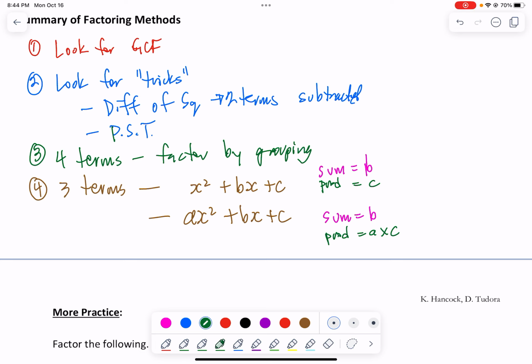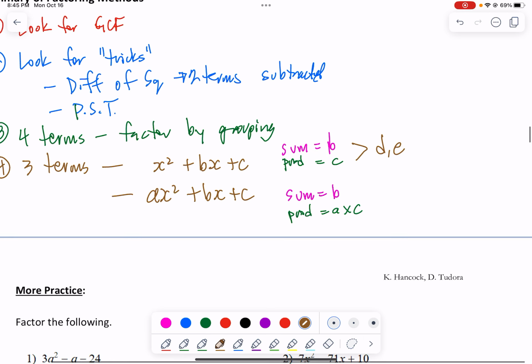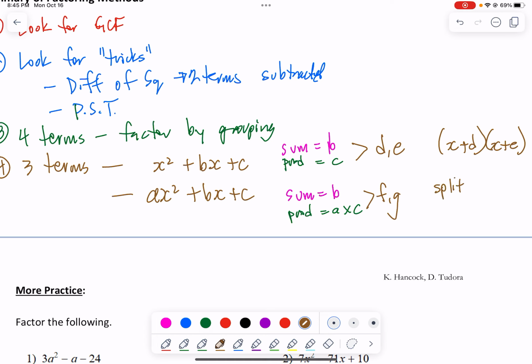And then we would do the whole thing where when you have your two numbers here, let's pretend our two numbers are like D and E. Then our answer would be X plus D, X plus E. But for this one, if our two numbers are F and G, then you're going to do that whole thing where you split B into F and G, and then you factor by grouping.